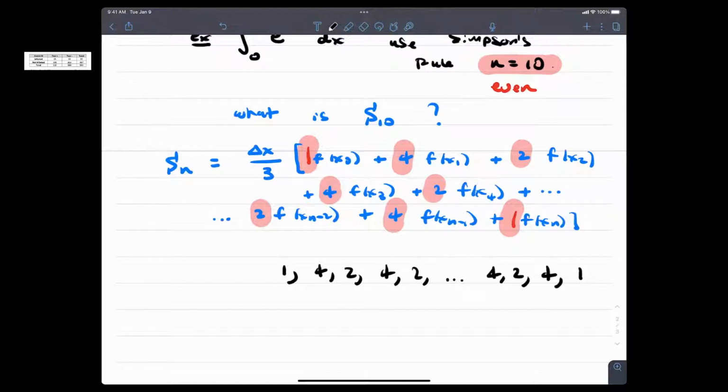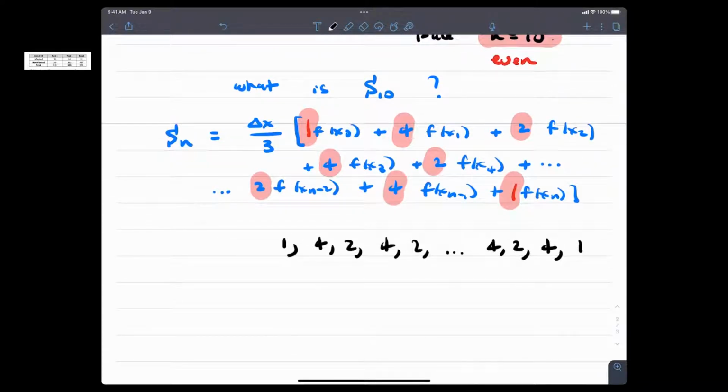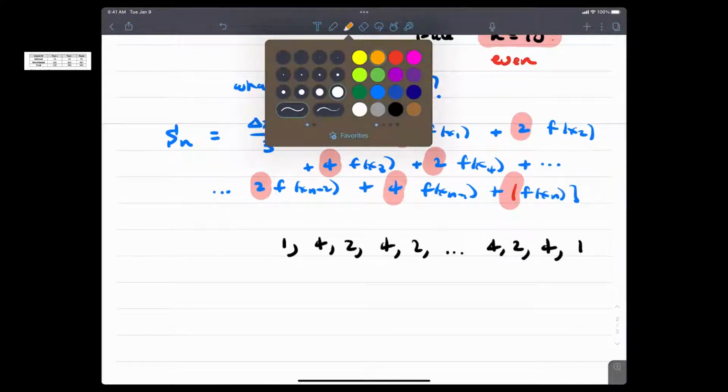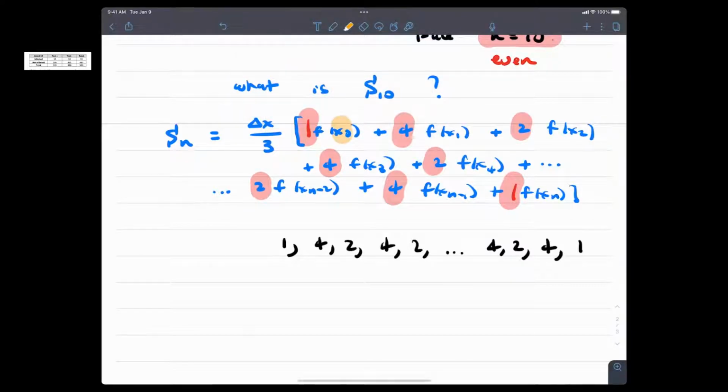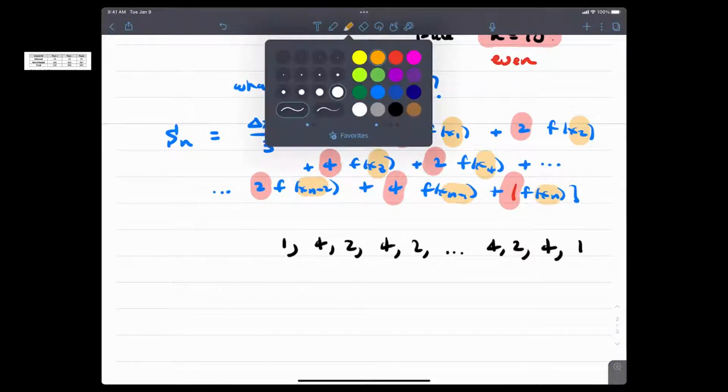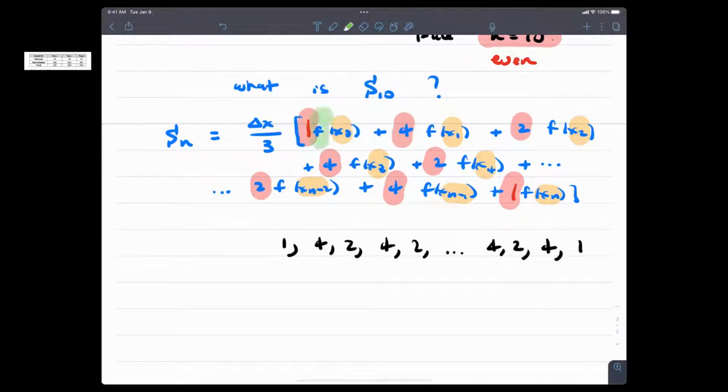Now, the rest of this, what's the rest of this? This is x naught, x1, x2, x3, x4, x n minus 2, x n minus 1, x_n. And ladies and gentlemen, this is the f of those things. So this is functional evaluation.